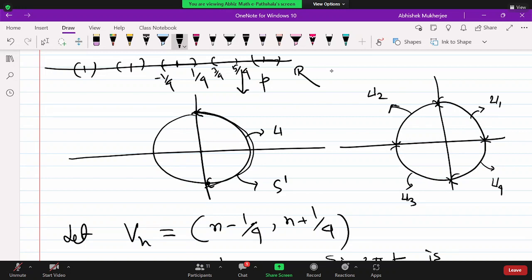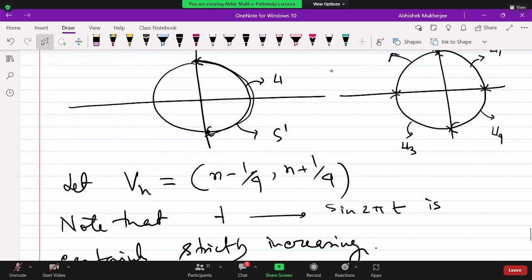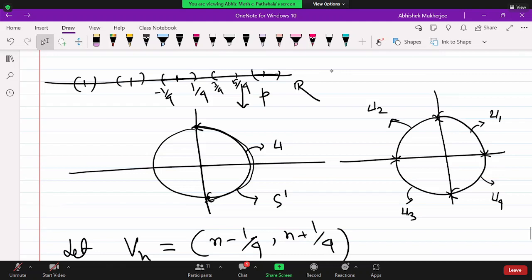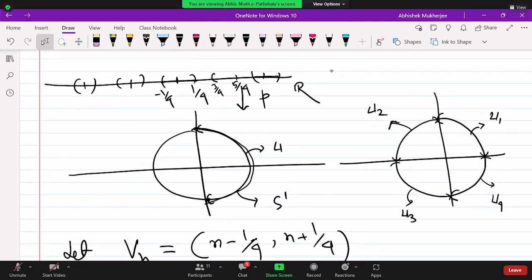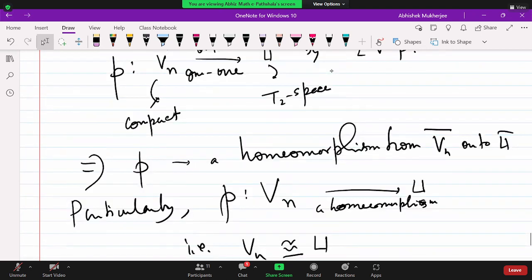So S1 can be written as the union of U1, U2, U3, U4, right? After that, if you take any point in S1, it will lie either in U1 or U2 or U3 or U4, right? So around any point, you get a neighborhood of that point within S1 which is evenly covered by that map P, right?